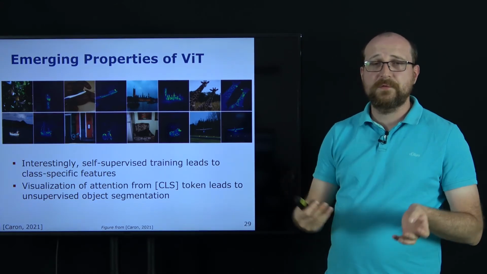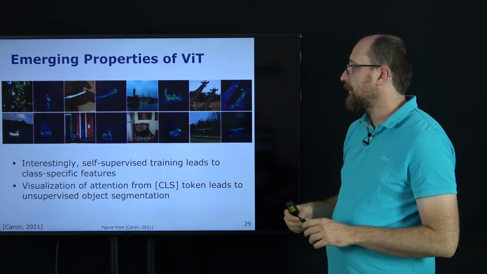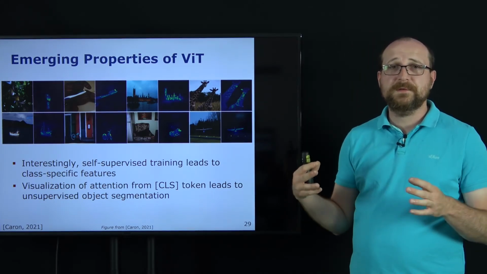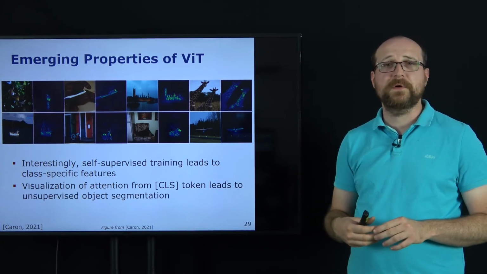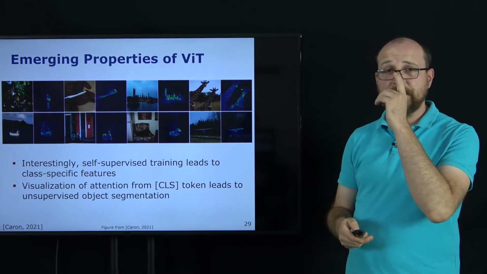So it's just using self-supervision in this case. And this is maybe a promising prospect of what is maybe somehow happening inside the transformer that maybe can be exploited for other tasks, maybe even object segmentation in the end.